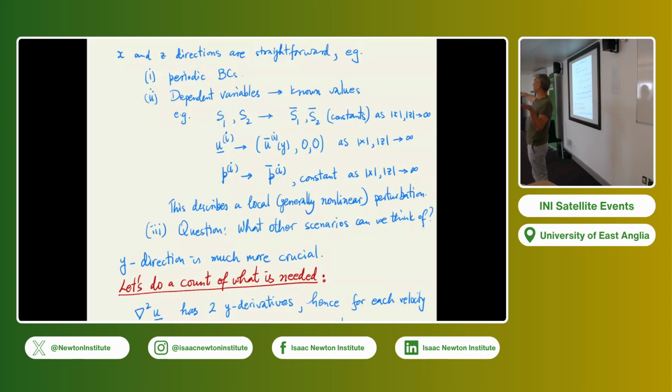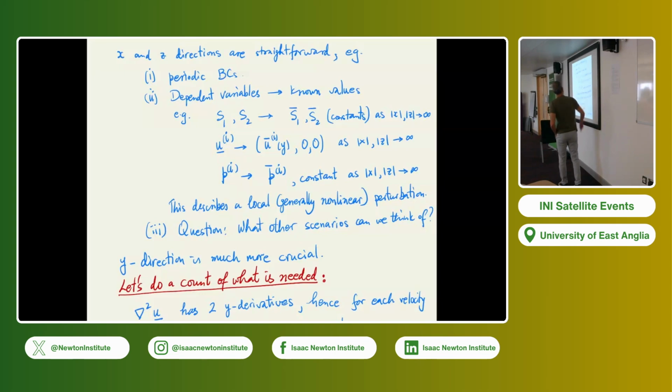So uniform flow or undisturbed interfaces and so forth. Or I may get a flow very far away, which is simply a function of y. This is exactly Darren's situation, right? Where it was a function of x and y. But if there's no structure, then it's a function of y. And then the pressures could also go to constants.